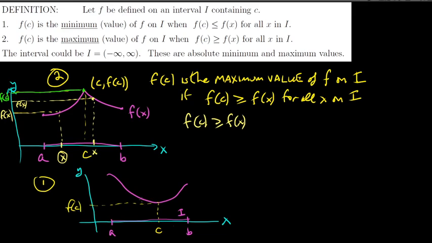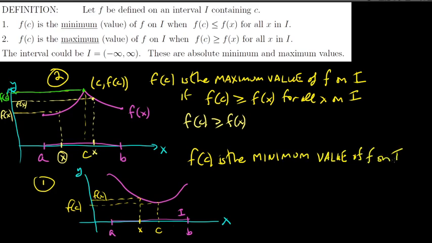And we can see that if I pick any other x, even very nearby, that f of x is going to be bigger than f of c. So we say that f of c is the minimum value of the function f on the interval I if f of c is going to be less than all the other f of x's. So you pick any other x on the interval, and you'll see that it's higher than f of c.